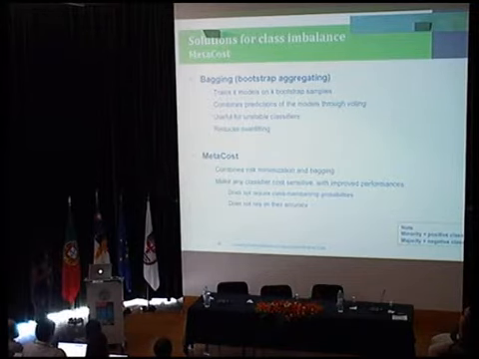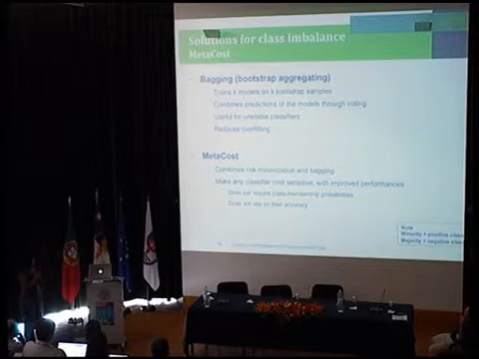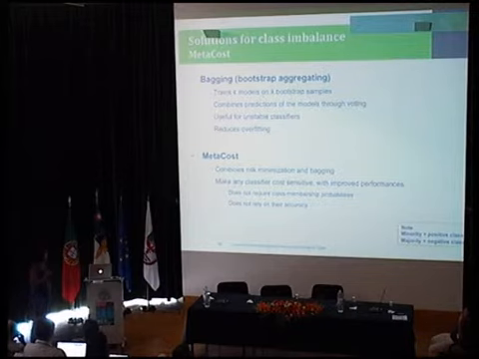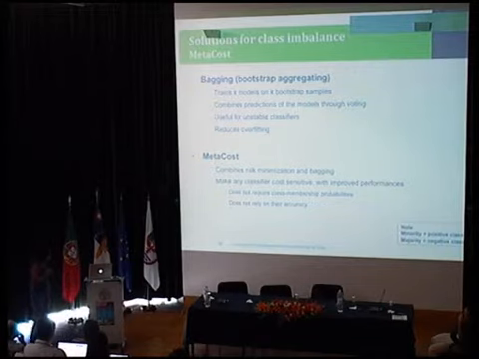Okay, so in this case we have bagging, or bootstrap aggregation. What we do is train K models on K bootstrap samples. Then we combine the predictions of the models through voting. This is useful for unstable classifiers and reduces overfitting.